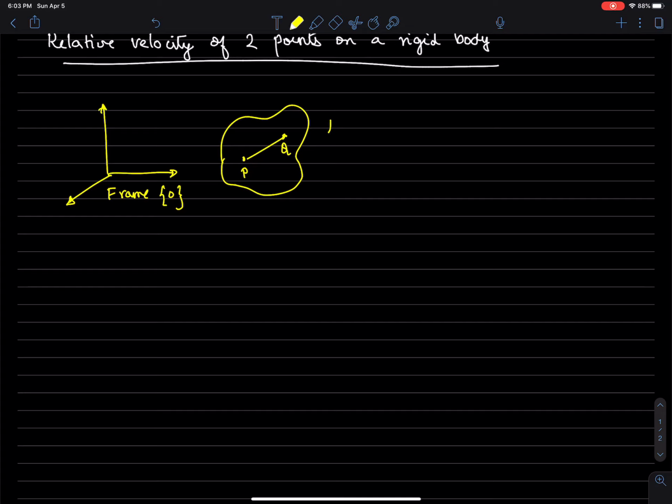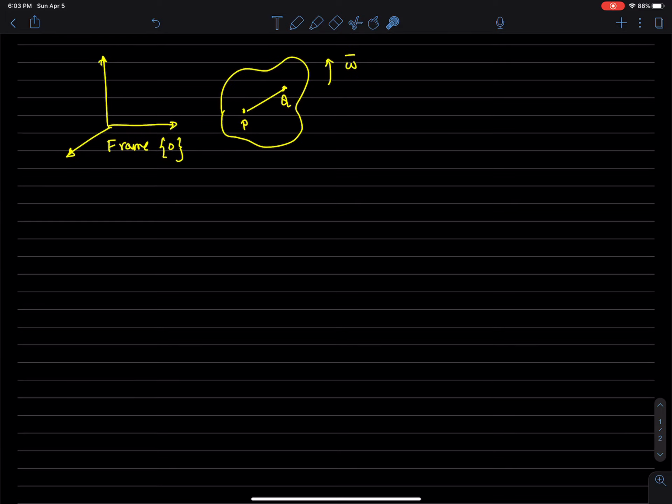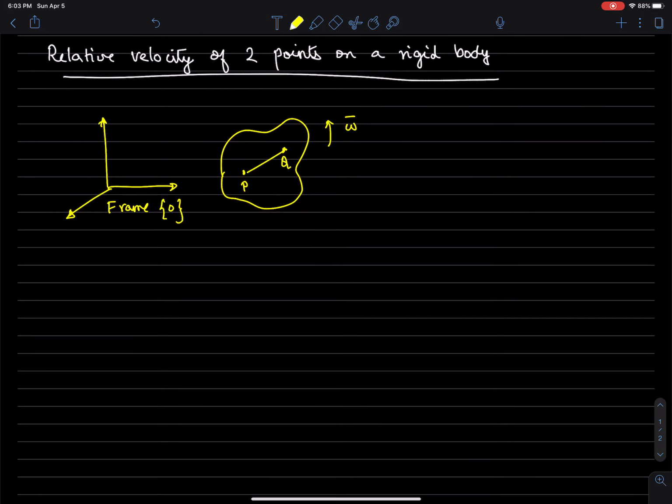And this rigid body, rigid body B, has angular velocity omega with respect to this frame O or 0, relative to frame 0.